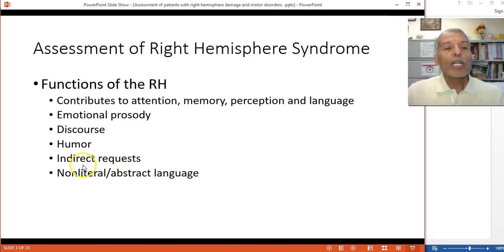The ability to give indirect requests. A direct request will be, please pass the salt. Please open the door. That is a request. But if you say open the door, that is a command. That's an order. And in the culture, we learn to be polite. When you say open the door, it implies some kind of authority, that you are ordering someone.